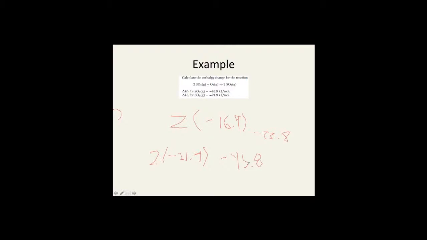And then to calculate the enthalpy, you would subtract the reactants from the products, which would be negative 43.8 minus negative 33.8, and it would equal an enthalpy change of negative 10.